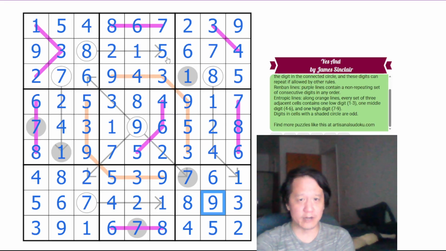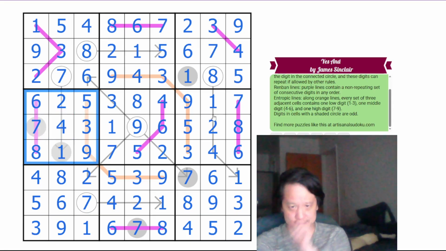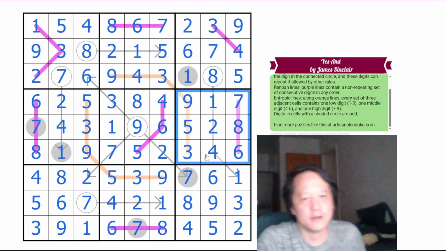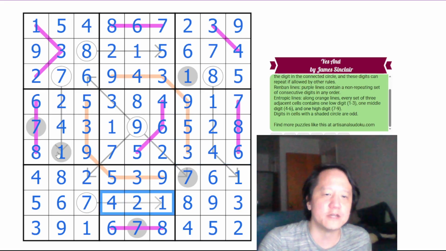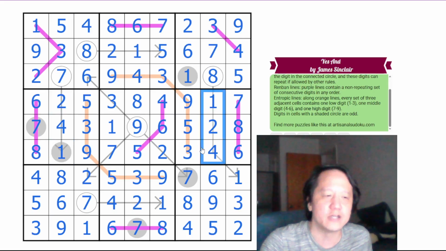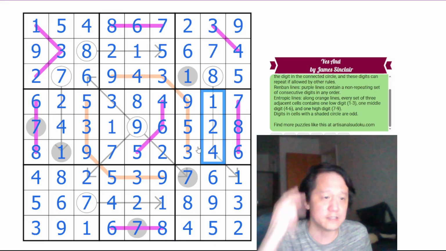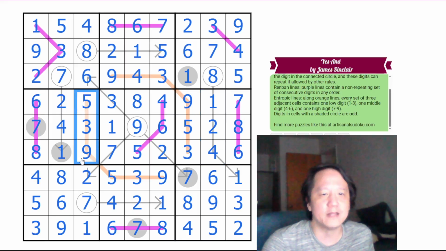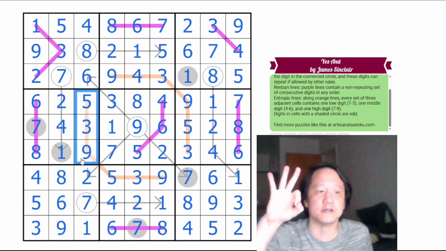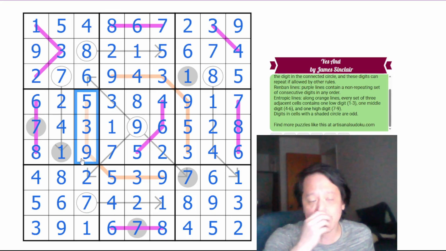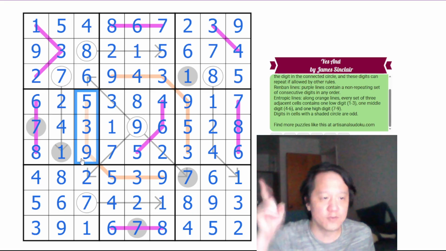So that's why I was highlighting boxes 2, 4, 6, and 8, because they had a similar pattern. You're guaranteed on each of the arrows 2 digits that are guaranteed to be low, at least. And because of the entropic line, which has 3 cells, all consecutive in the same box as the arrows, one of them has to be low.